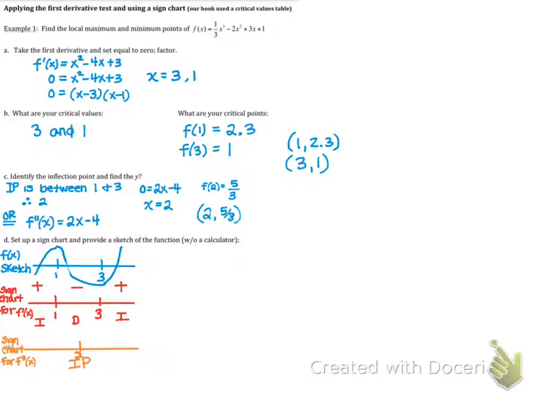So if we test a point in the second derivative, we have negative. If we test a point in the second derivative above 2, like 3, we get a positive. So this tells us it's going to first concave down, which it does, and then it's going to concave up second, changing at 2, which it does.